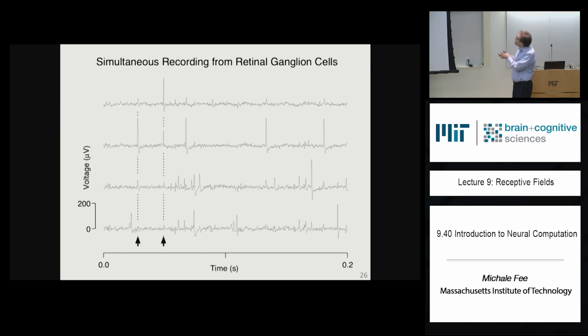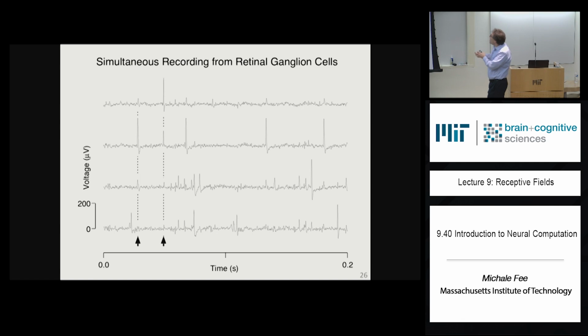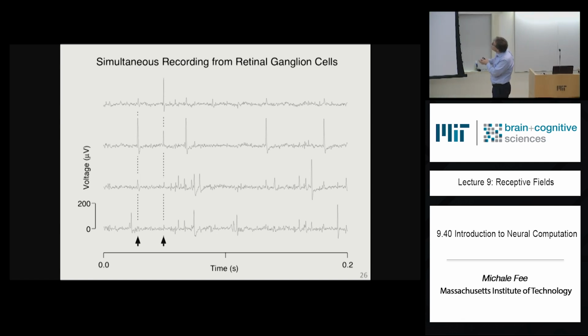And you can see that here's a different cell right here. You can see that this cell has a peak of voltage fluctuation on electrode 2. You can see a little blip there, a little blip there, and nothing there. Okay? And here's yet another cell that has a big peak on electrode 3, essentially nothing, maybe a small bump there.